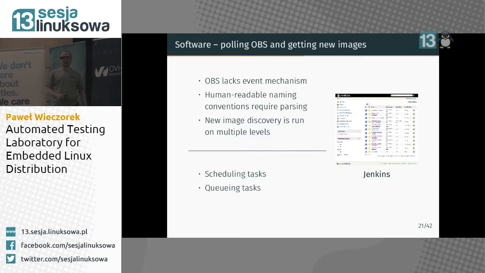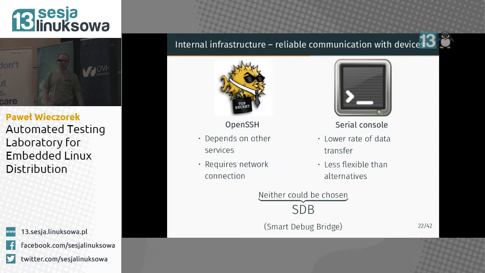As for our internal infrastructure problems, the main of them was reliable communication with the device. We considered first of all OpenSSH to communicate with our boards. But unfortunately, for full operating system tests, it wasn't the best suited.